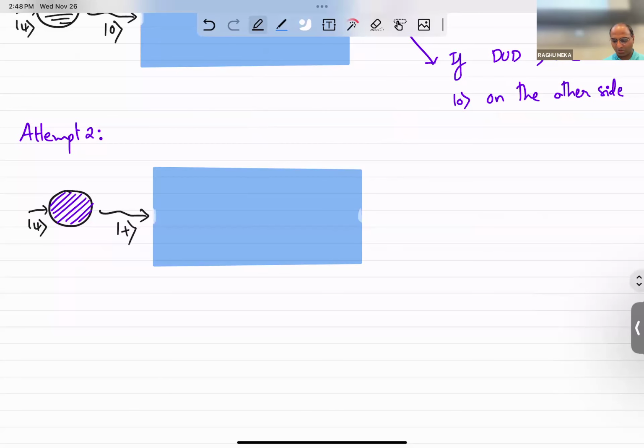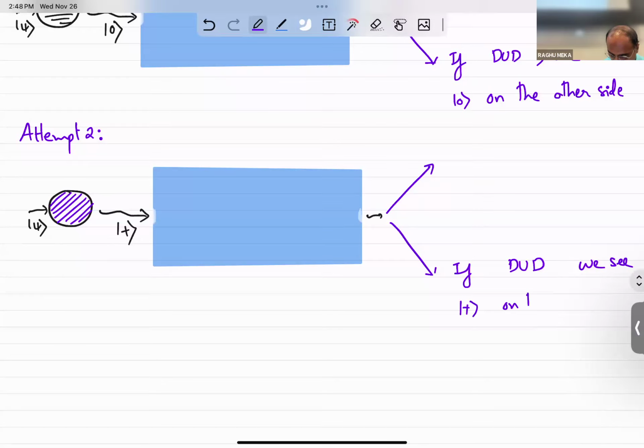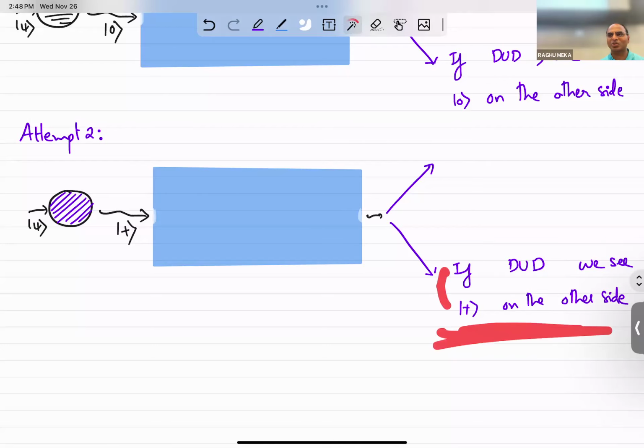Okay, so now what happens? If a dud, we see plus on the other side. We're not done yet in the sense that we need to recognize what this is too. On the other hand, if it's a bomb, what happens?